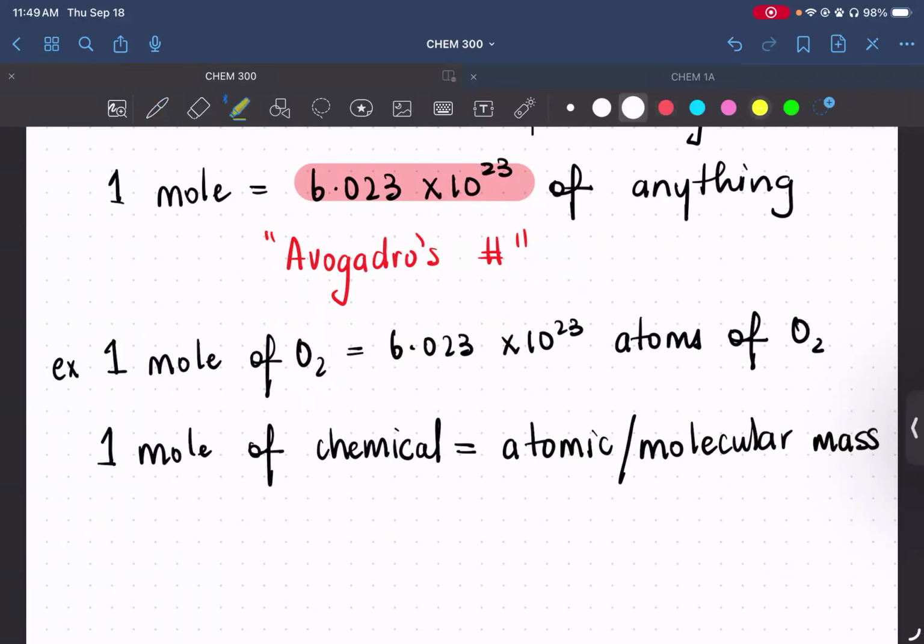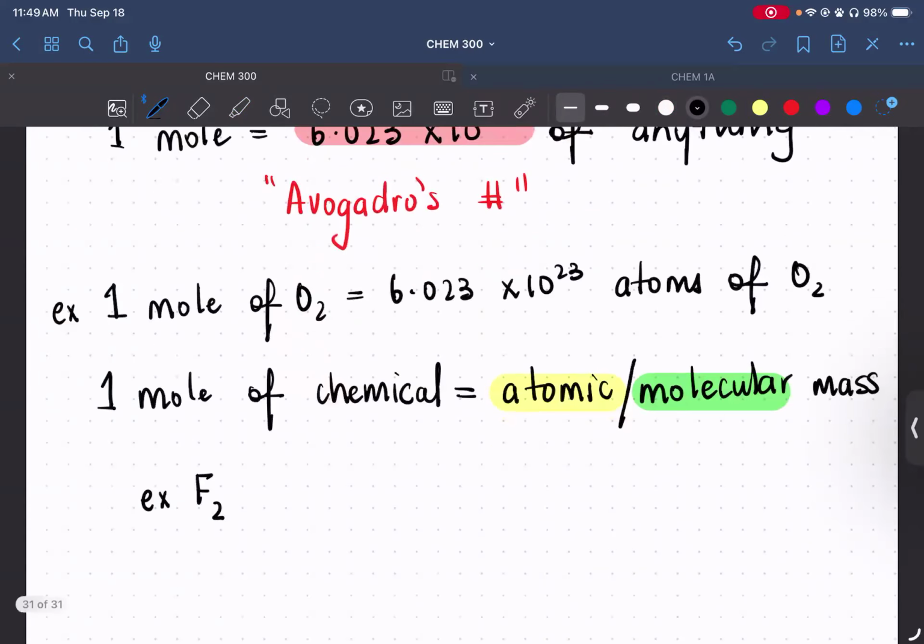Now notice I'm using two terms here. I'm using that word atomic and I'm using that word molecular. I want to take a second just to talk about the difference between the two. When we're dealing with something that is a single atom, in this case fluorine, so just fluorine, even though there's two of them, it's just fluorine. We use the word atomic to describe it.